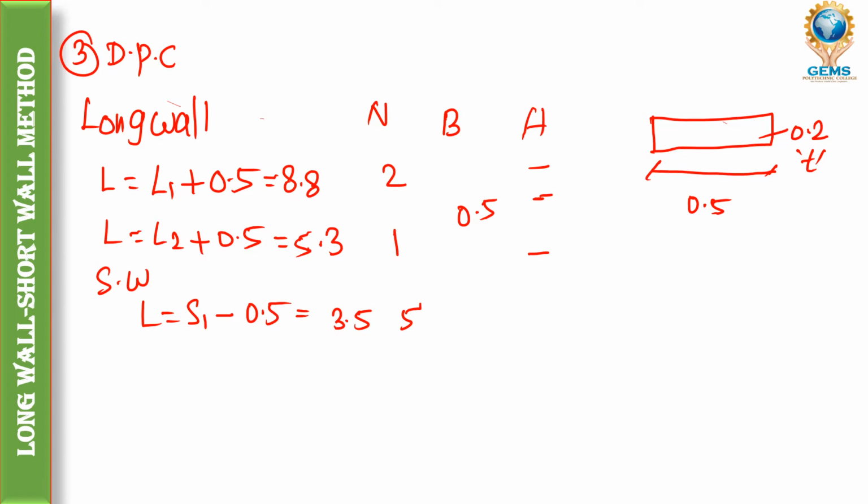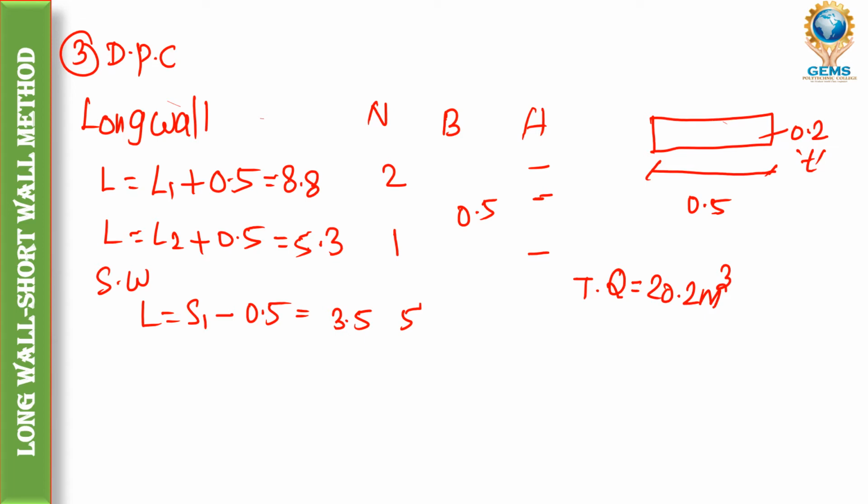After that we just multiply everything to get the quantity. By adding the L1, L2 and L3 quantity, we get the total quantity equal to 20.2.